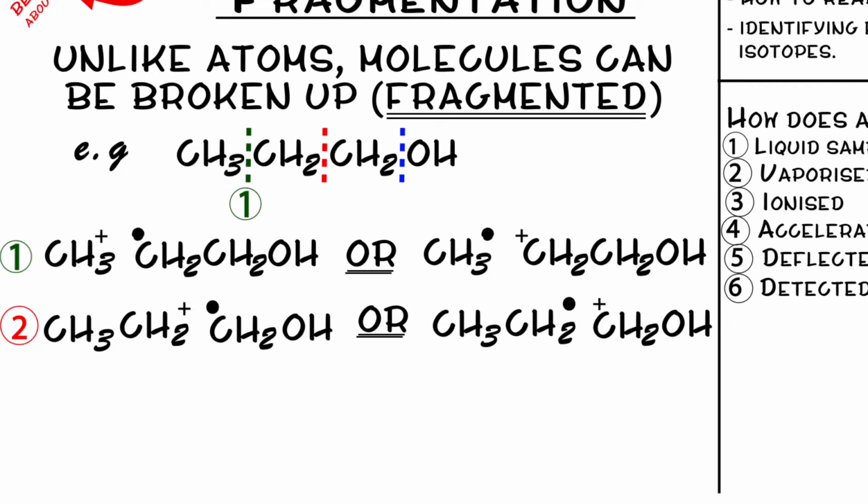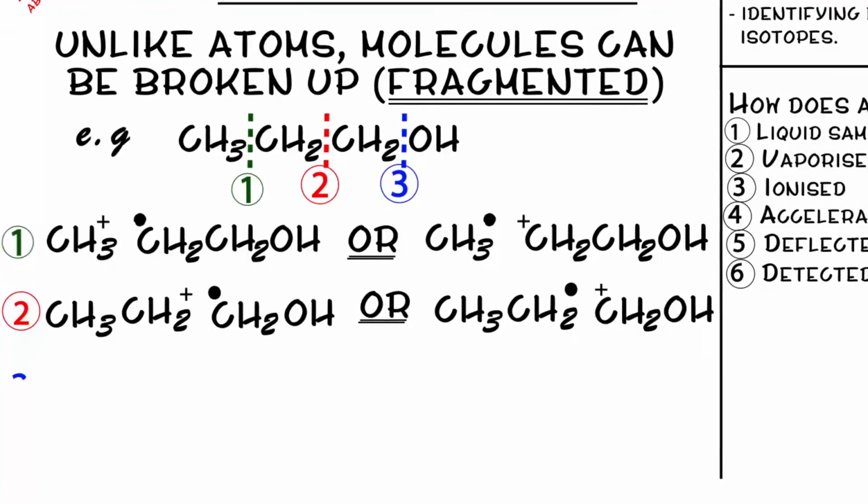But again, the only ones which are going through here are your positive charges. And finally, if we break our molecule there, which is on the blue dotted line, so I'll call that one 3, I'll call that red one 2, just so we're making it really clear what's happening. So if we break it there, then obviously we can have the left-hand side, so this is number 3.